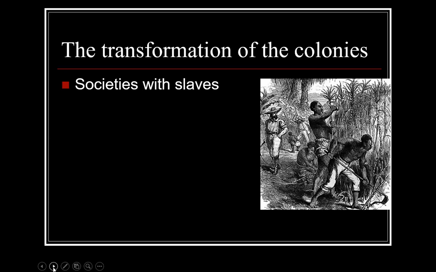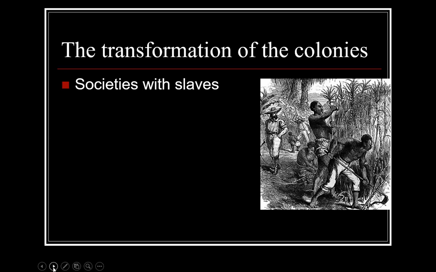In the North, what eventually you begin to see is a transformation to being a society with slaves. Even into the 18th century and 19th century, there are slaves in the North. There are slaves in various places in the North, New York City, Boston, elsewhere.